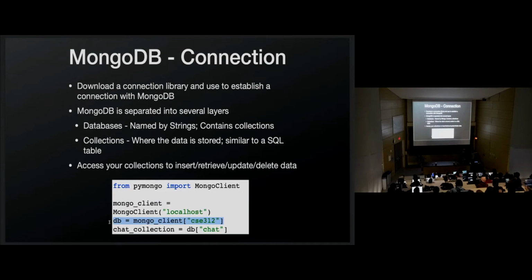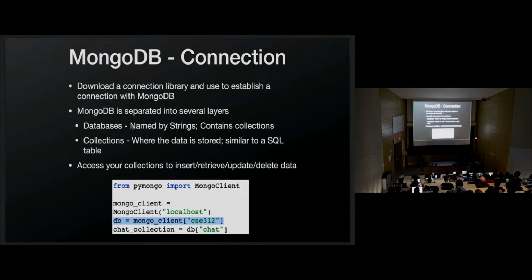Once we're connected to the database, that Mongo client does all the TCP stuff. Then we want to connect to two different layers in the database. The database server is going to have multiple databases, which can be just one for your purposes. You'll connect to the database using your client, using your connection.